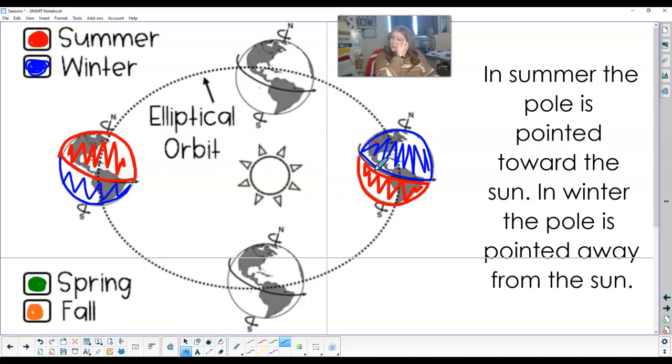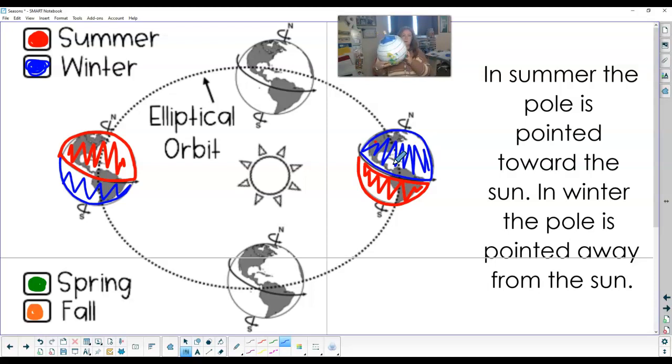So now this one, these are a little hard to tell in the picture, but let's come from here, we're at winter, so I'm tipped away from the sun. As I travel around, when I get to spring and fall, the sun is coming toward, and it can see both of the poles equally. So the equator still gets the most, but now it can see both of the poles.